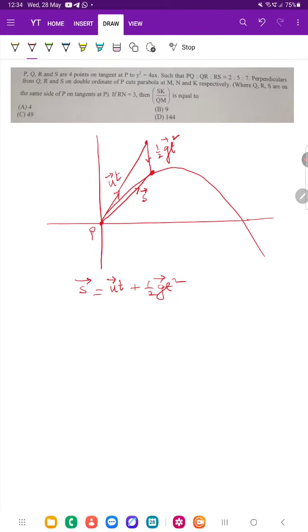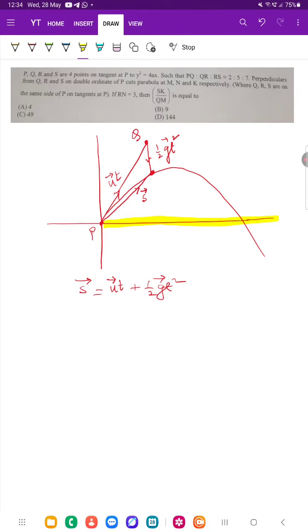Definitely P is the point of projection. The tangent at P is in the direction of initial velocity, so this line is the tangent; the direction of the ut vector is tangent to the parabola at point P. On this tangent I have assumed this point as Q, and this one is the double ordinate corresponding to point P of the parabola.